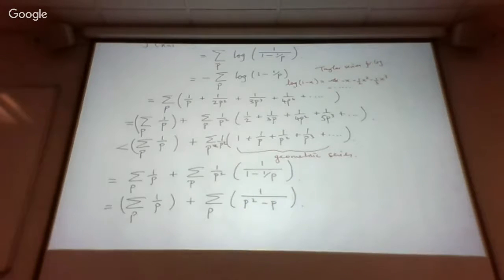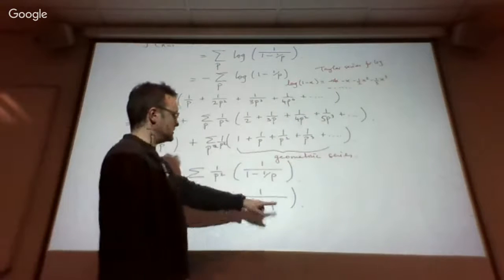And then just multiplying in the p squared in the denominator gives me p squared minus p here.